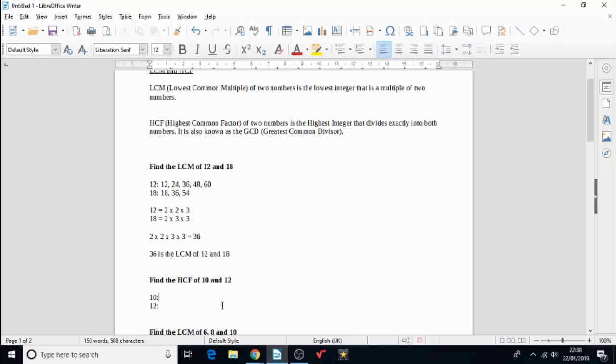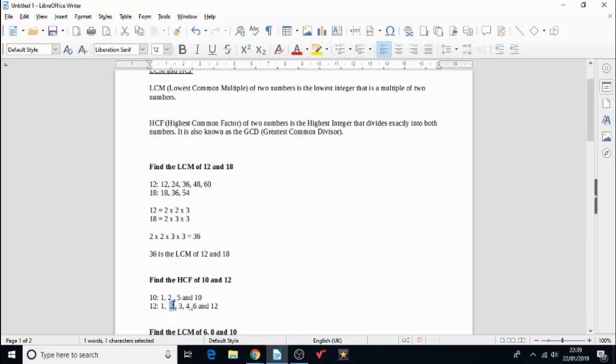So for 10, its factors are 1, 2, 5, and 10. For 12, it's 1, 2, 3, 4, 6, and 12. So as you can see, 2 is a factor for both 10 and 12, and it appears to be the highest common factor.